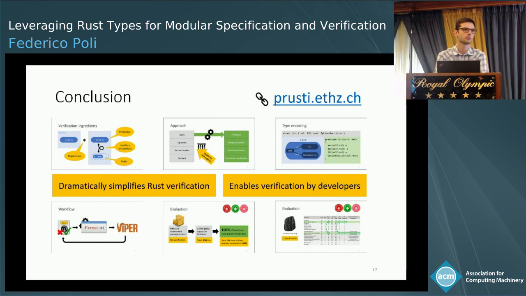when you verify a program, as I showed in the first slides, you have to mix the ingredients to specify, for example, how the memory is structured, what can actually alias what.